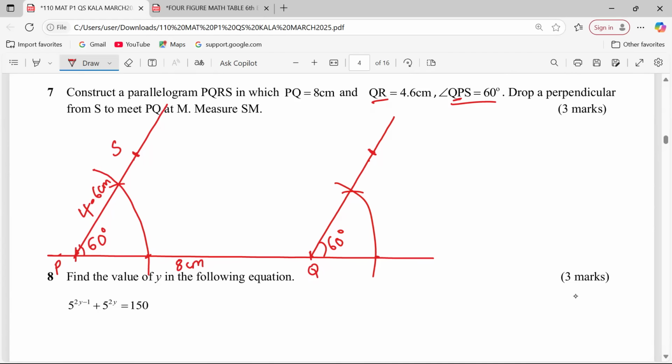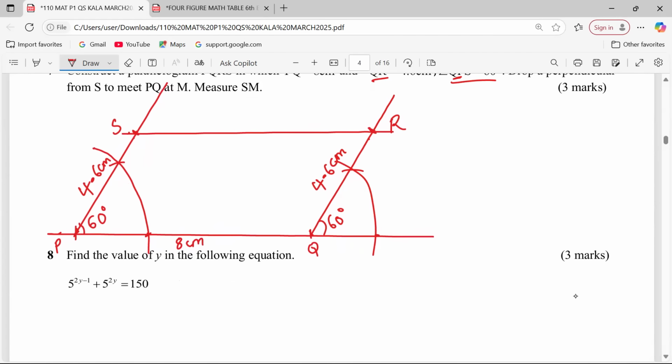So with a radius of 4.6 centimeters, you make an arc. This becomes point R. So point R and S can now be joined using a very straight line there. Join like that. See? Very simple thing. So we have the parallelogram already constructed.